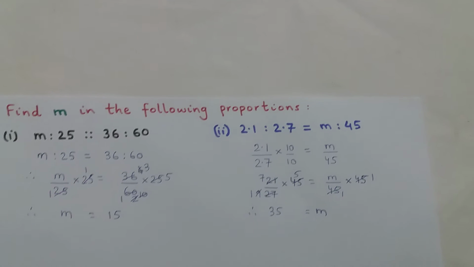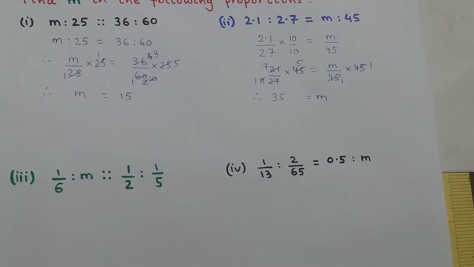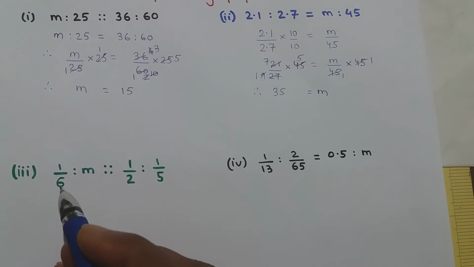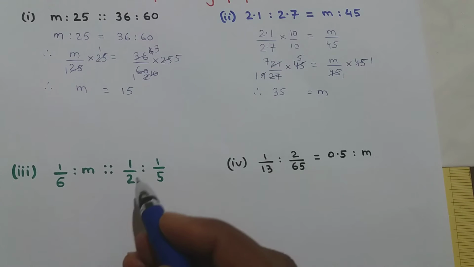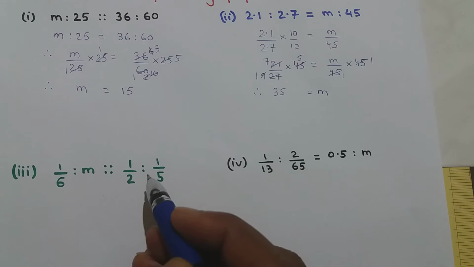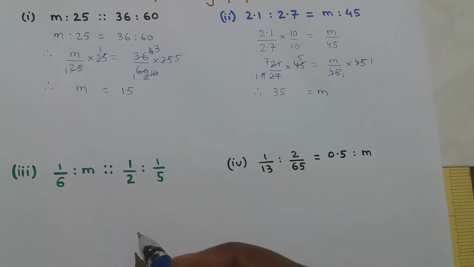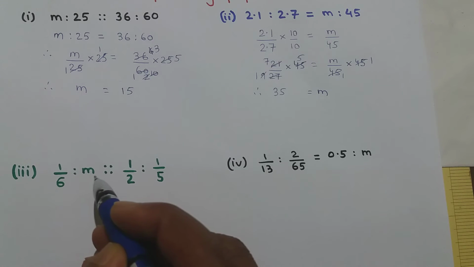Now let us go to question number 3. Question number 3 says 1 upon 6 is to m, that is proportional to 1 upon 2 is to 1 upon 5. And in question number 3, we have to find the value of m.